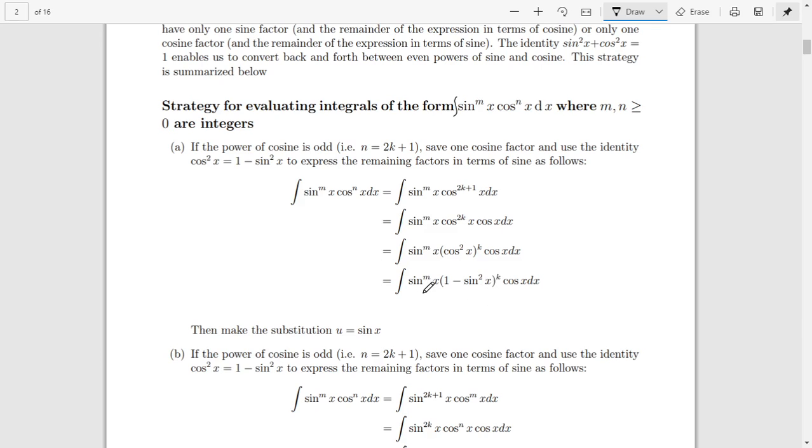If you check here, everything is in terms of sine x except for the cosine of x. So if we make the substitution that u is equal to sine x, then when we differentiate u, we get cosine x dx, so that this term here becomes my du, and then this is going to be the integral of u to the power of m multiplied by 1 minus u squared to the power of k, du, and I can integrate this in terms of u.